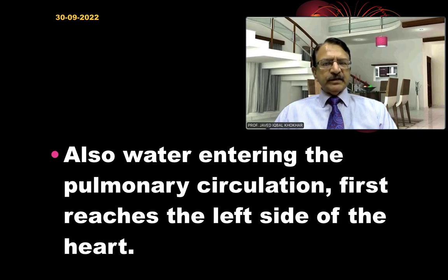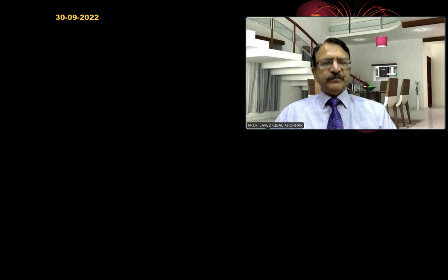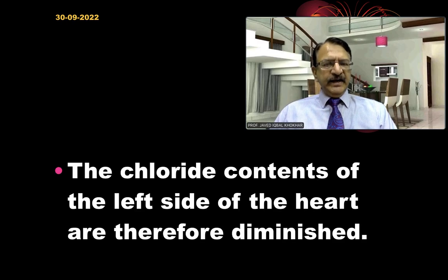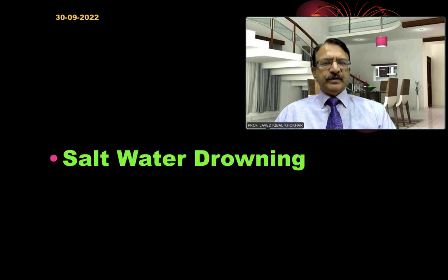So after the water enters the pulmonary circulation, it first reaches the left side of the heart. And the chloride content of the left side of the heart is therefore diminished. So in freshwater drowning, the chloride content on the left side of the heart will be lower.